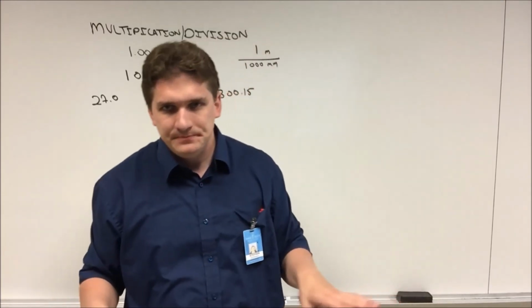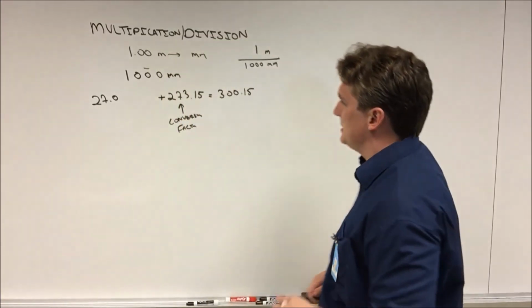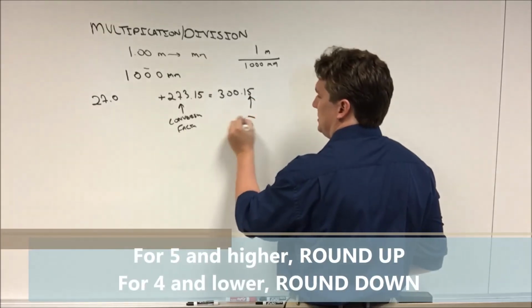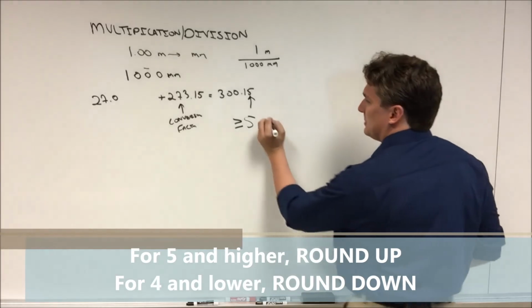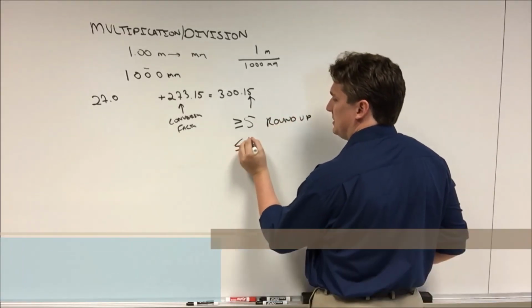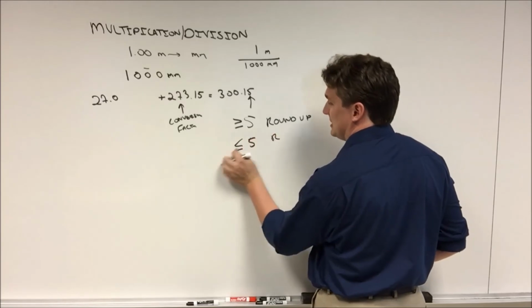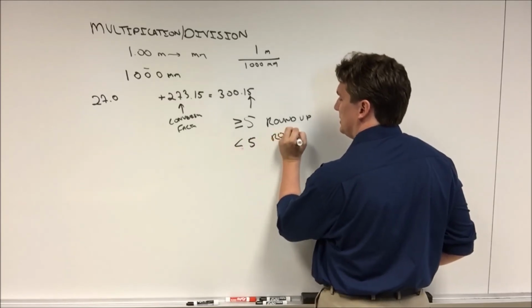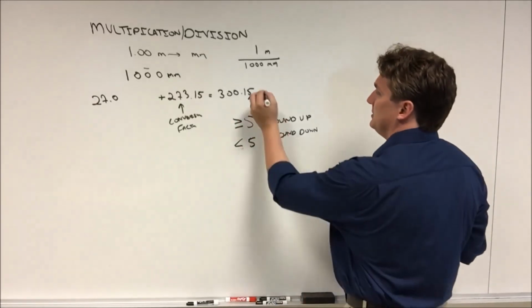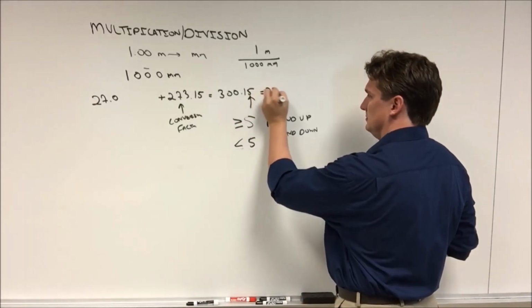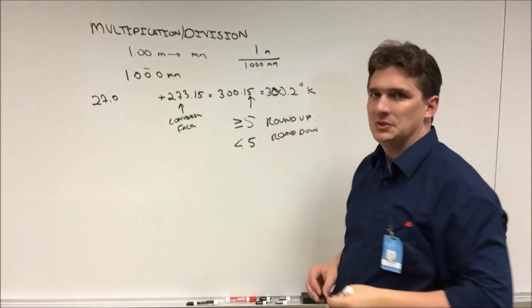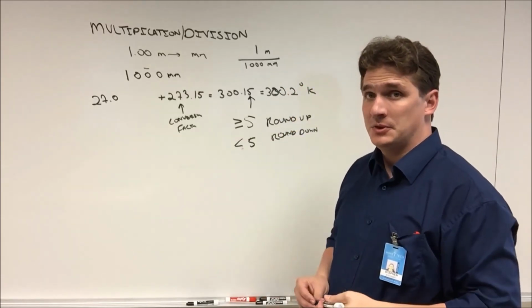We don't do that in chemistry. What we do in chemistry is, if you look at the digit you're rounding, if it is greater than or equal to 5, you round up. If it is less than 5, you round down. So in this case, we'd have 300.2 Kelvin. And that's your rules for working with sig figs.